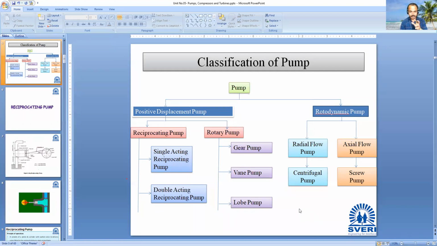Single acting reciprocating pump, we have seen many times mainly at the car servicing center, where we wash the cars, motorcycles, or in the sprayer, in the blower.